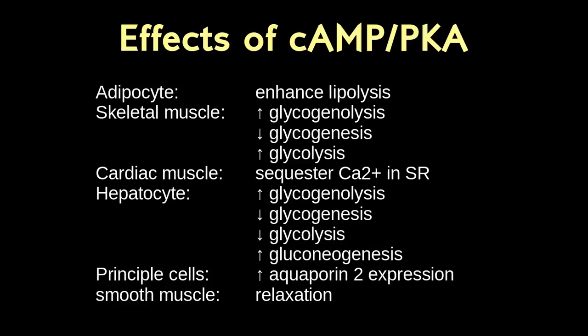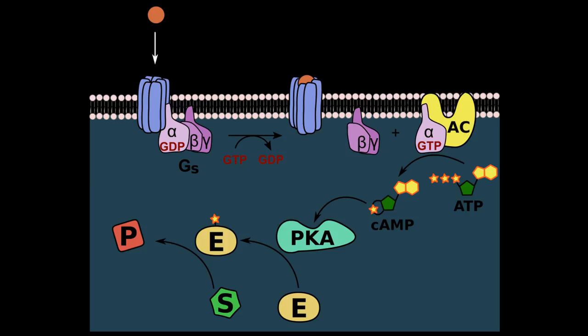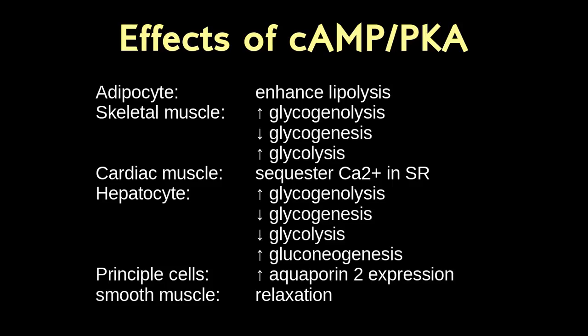It's just these ends that are different. One nice thing about these signal cascades is that you can get different effects in different places. Because of all these steps, you can insert different steps in different places if you want to. You get the same signal molecule giving you two totally different effects in two totally different places.